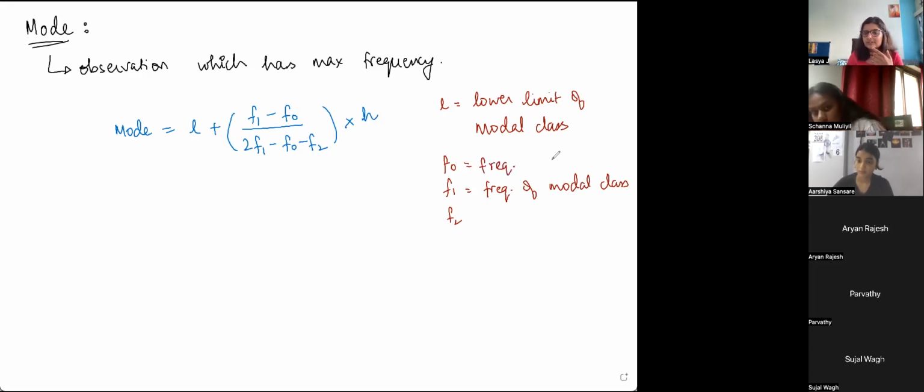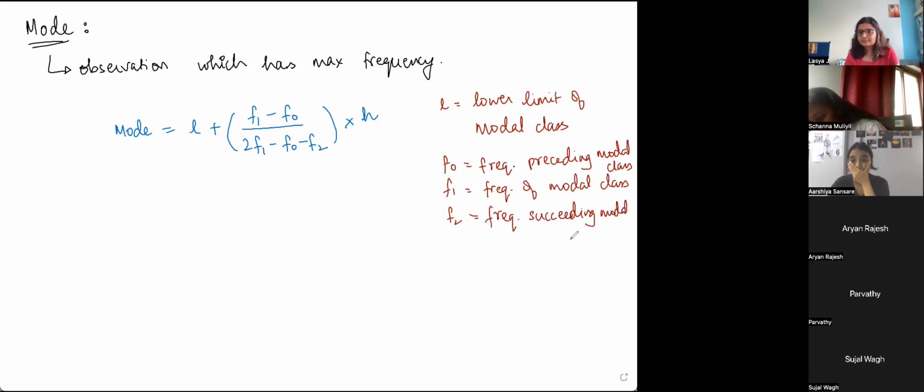So it's frequency preceding modal class. And F2 is the frequency of the class that is after the modal class. So frequency succeeding the modal class. And okay, H. H is the class size.